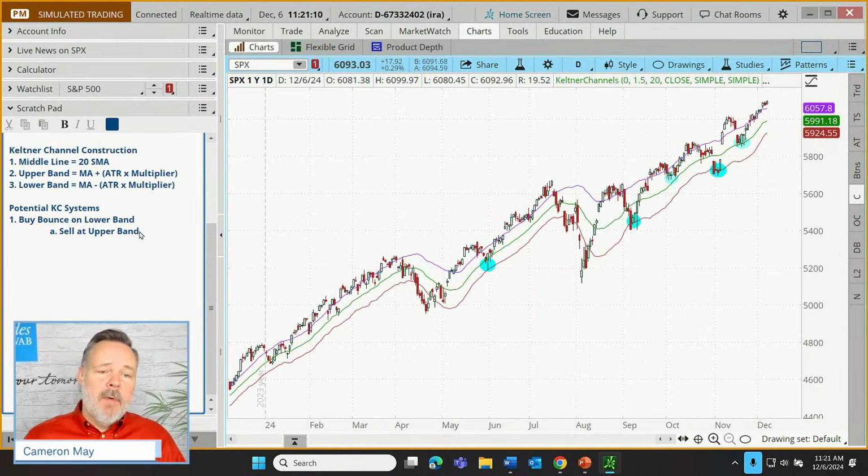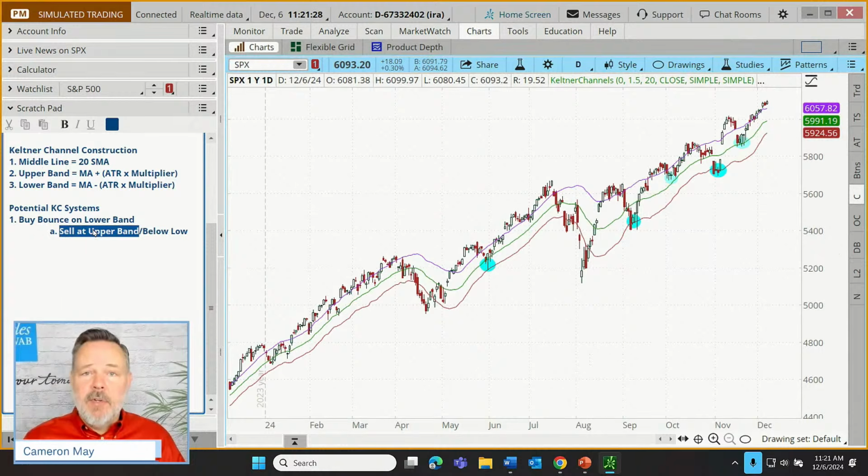Where might the trader sell in that case, where the trade is not working? Well, in that case, they might just sell below a recent low. So this first portion, before this forward slash, is for managing profits for traders who use Keltner channels. This is a potential exit for managing losses.